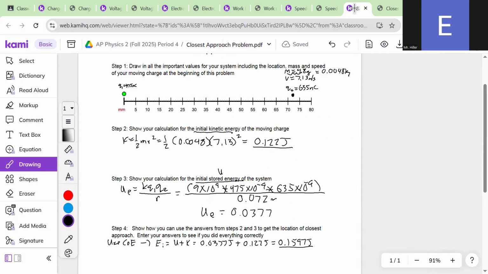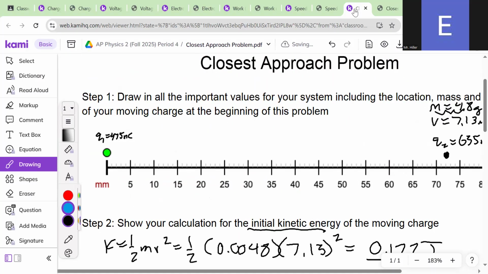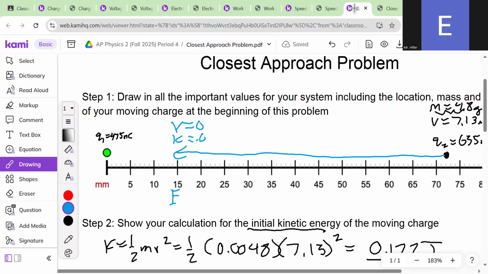Well, guess what? When that charge gets as close as it can before it stops, velocity comes to 0, that means the kinetic energy also comes to 0, but the total energy is the same. The total energy final is the same as the total energy over here, which you just found to be 0.1597 for my example.